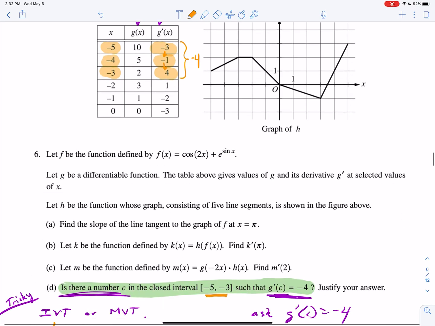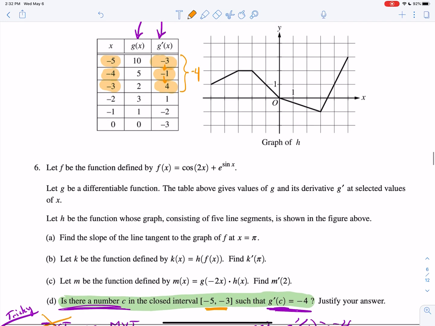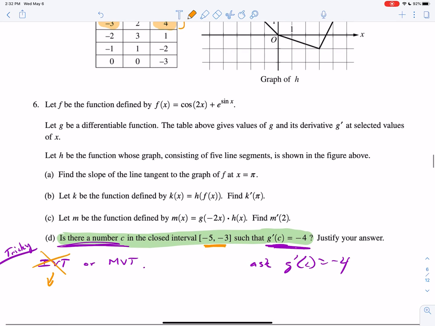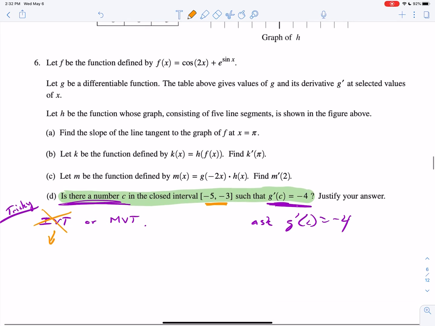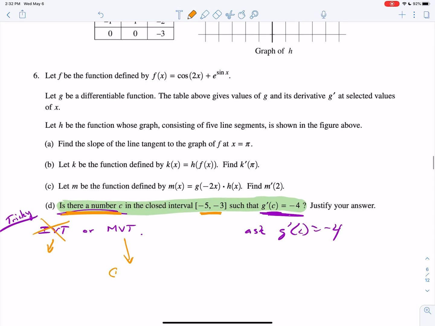So right away, by that observation, I know that IVT, the theorem will work, but based on what they gave us, it's not guaranteed that you'll eventually hit -4. So you can't use IVT there. But that doesn't mean that there doesn't exist a number C, because we still have to check for MVT. Now, again, we have to check to see if it's continuous and differentiable, and it indeed is.